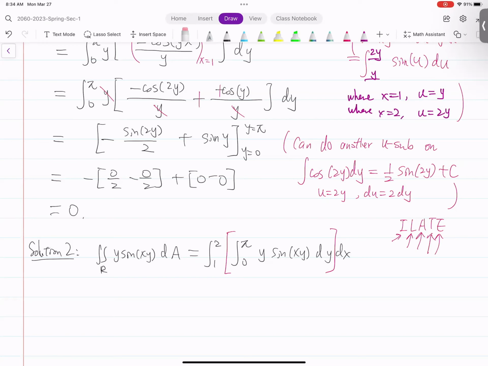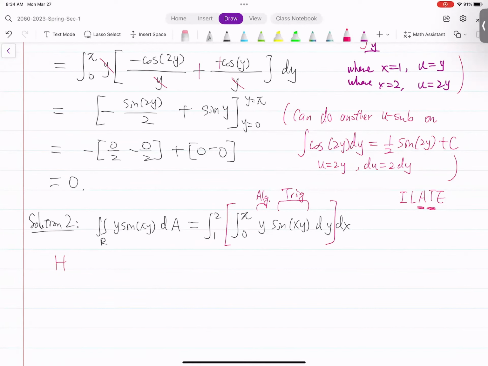Here, y is algebraic and sine is trig. The algebraic is higher on the list, so it will be the u, and the rest of the thing will be dv.